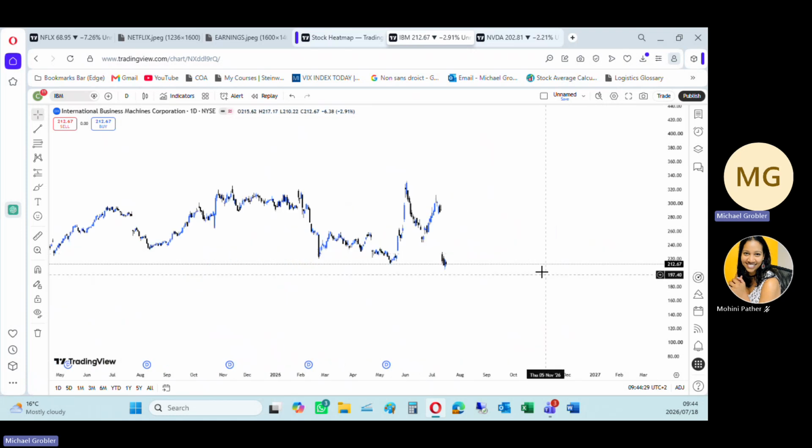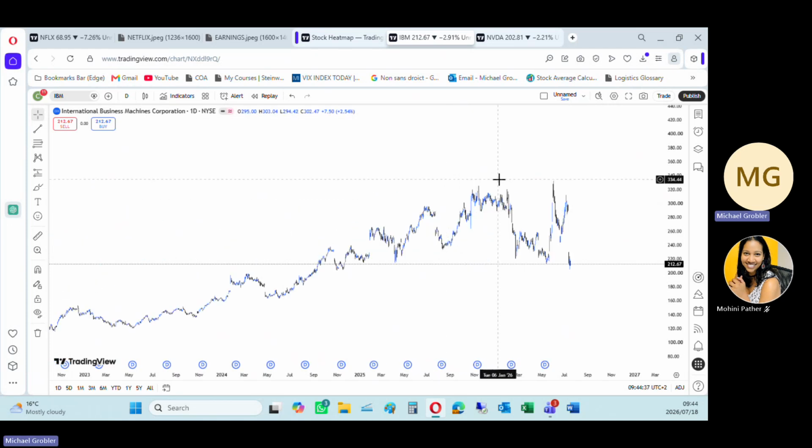So if you go from a profit margin of 33% to a profit margin of 32%, that could actually justify your stock going down by 10%.